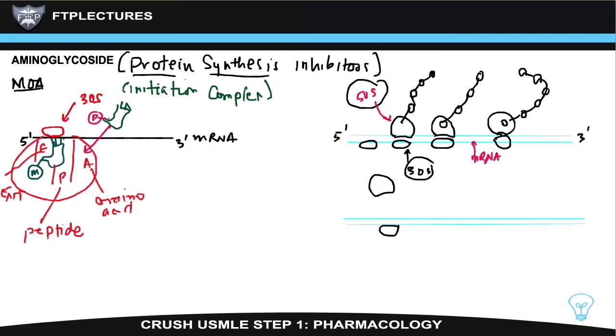Now, once the initiation complex is formed, the next step is called the elongation stage. And elongation simply means that the 30S and the 50S subunit, which I forgot to label here, okay, 50S subunit and the 30S subunit form the complex, and they will elongate by moving along this messenger RNA, okay?